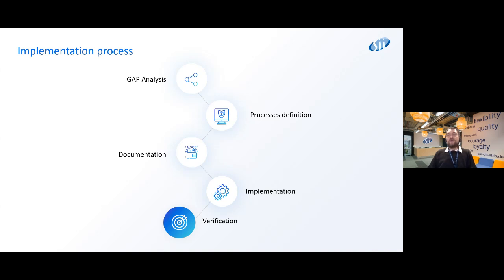Okay, so what does the process of implementing NIS2 requirements, and basically all government requirements, look like? You start with the gap analysis, then you go with the process definition. You define the processes, policies, and procedures for your organization. Then you document it. After you document how security looks in your organization, you go to the implementation phase.